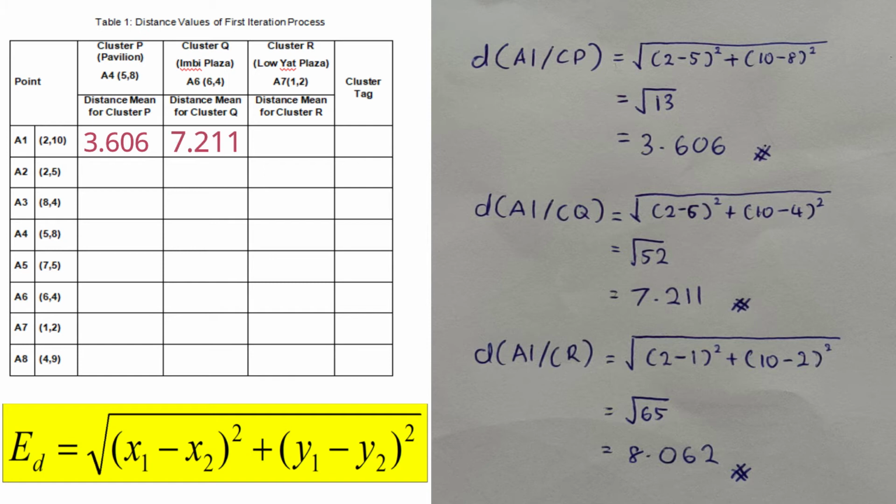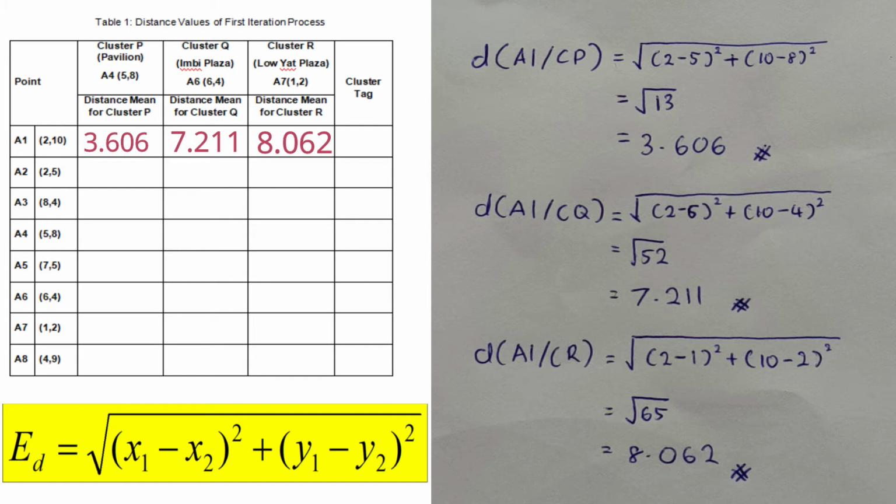7.211. And the next is we calculate the distance from A1 to cluster R, and the calculation is square root of bracket 2 minus 1 power of 2 plus bracket 10 minus 2 power of 2, and we get square root of 65, and the answer is 8.062.